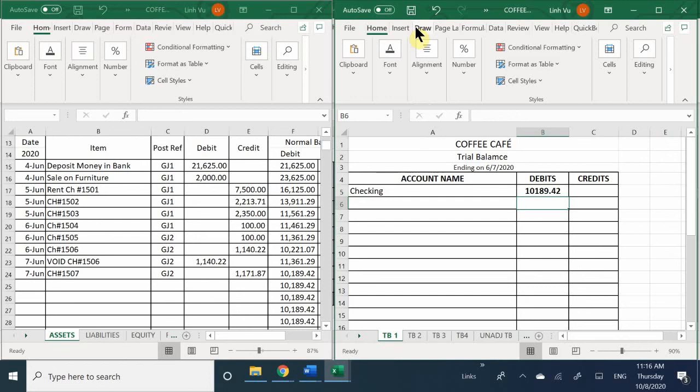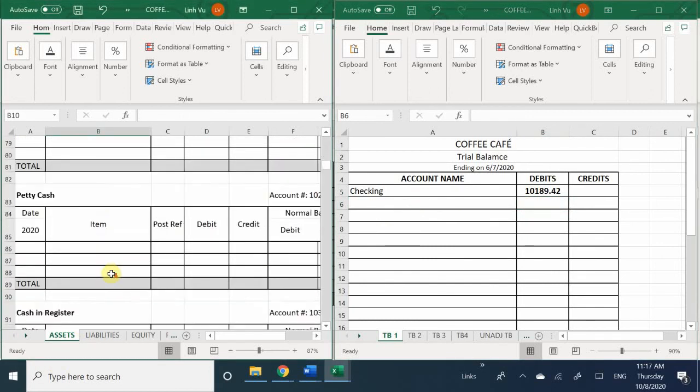So you want to be very careful if you choose to cell reference from multiple books. You can do that, it's not like you can't, okay? So here, I'm just going to type it in as I see it, and of course, that could be a possible error as well. But here, I know that I have 10,018.42 in my checking account.